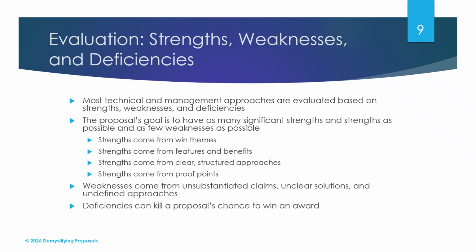So you really want to make sure that you have significant strengths, really good win themes, features and benefits, clear approaches, and proof points. And you want to avoid saying anything that is unclear, unsubstantiated, or undefined, so that you hopefully don't have many weaknesses or any weaknesses, and certainly no deficiencies.